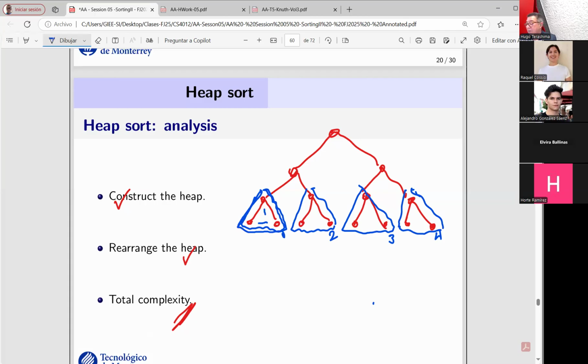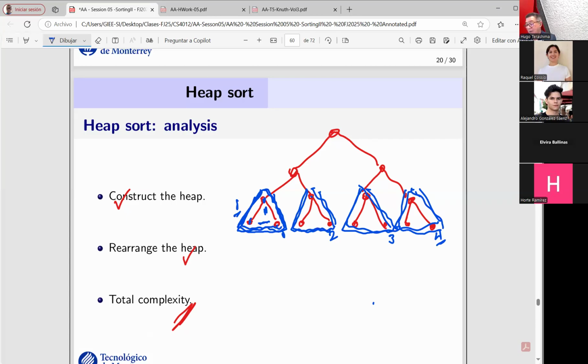So I have 4 subtrees of height 1, and the cost in the worst case is comparing this one and this one, right? And I have the arrangement of the trees, right? So I take 2 comparisons to do this, 2 comparisons to do this, 2 comparisons to do this, right? And 1 is the height of that tree.